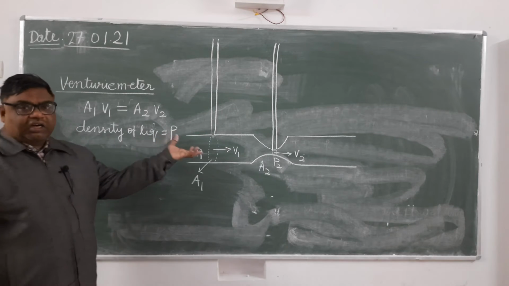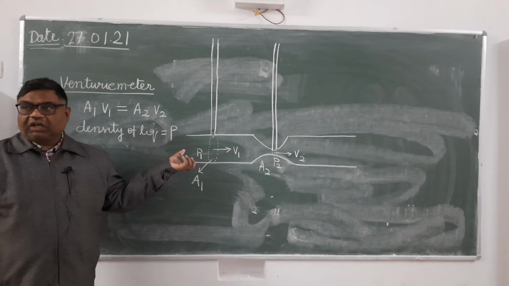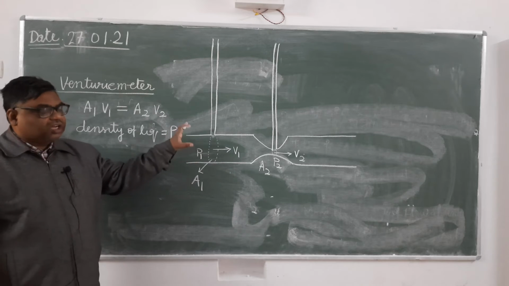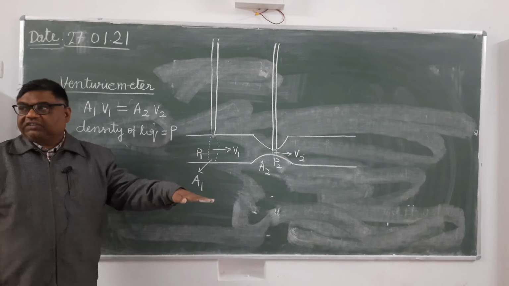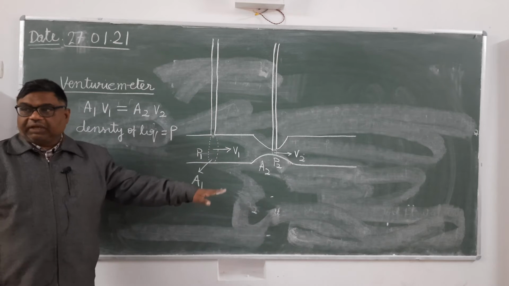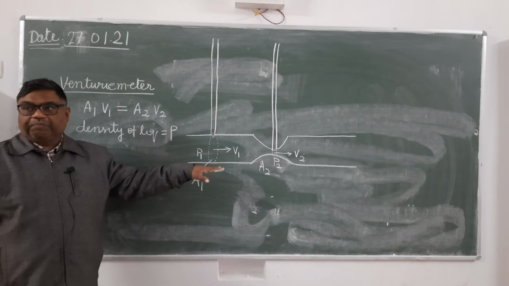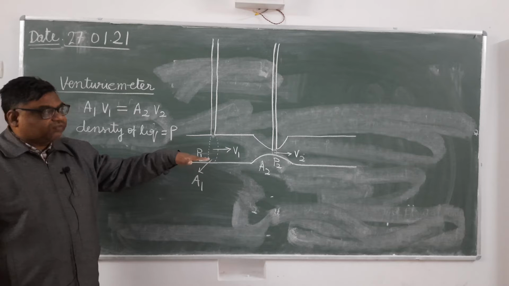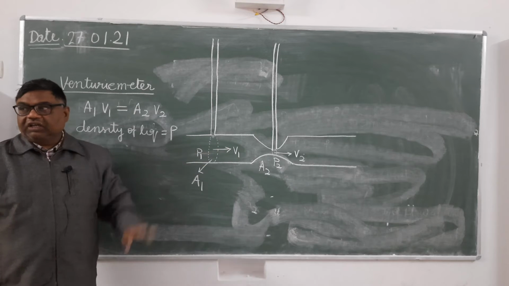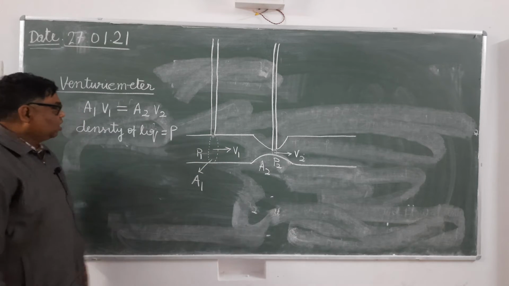In order to measure the rate of flow of water, we have arranged it horizontally just below the free surface, not very much deeper. It has been arranged horizontally in this way. Now see here.